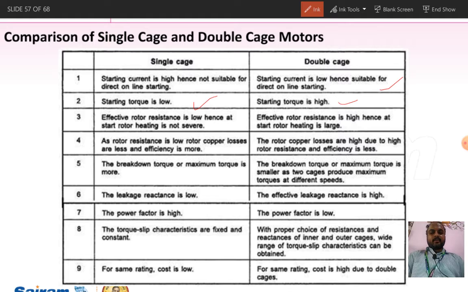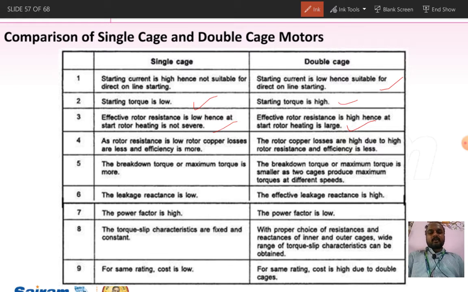The effective rotor resistance is low, hence at start rotor heating is not severe. In double case, effective rotor resistance is high at the starting, so resistance is more, then heat will be more.